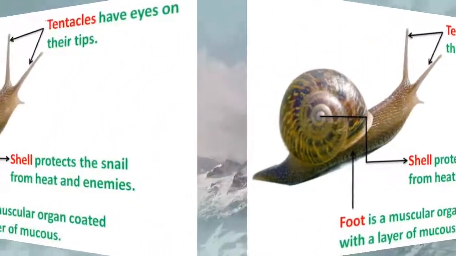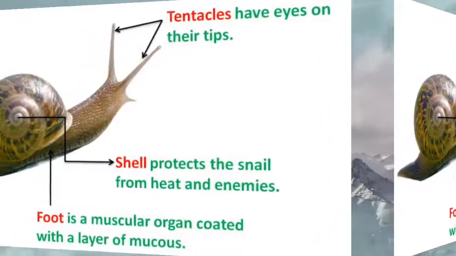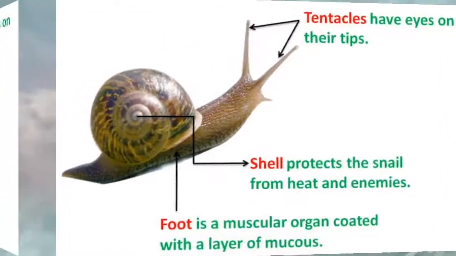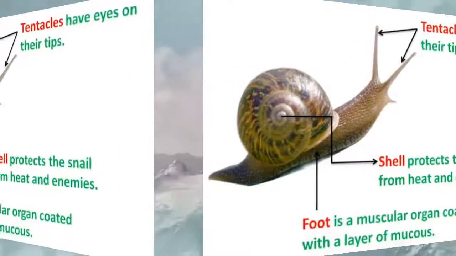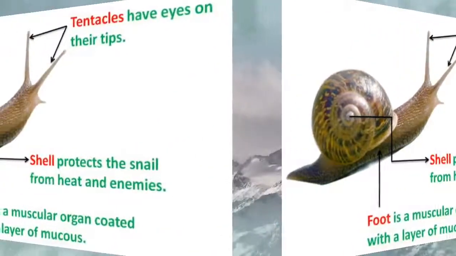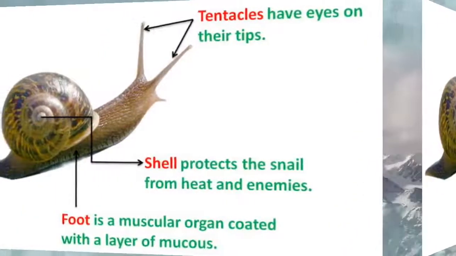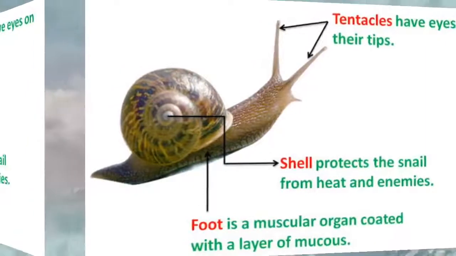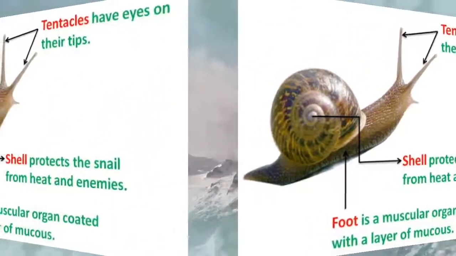Snail moves by using a muscular organ called the foot. The foot produces a slimy substance that is called mucus. The snail actually crawls on the layer of mucus. वो उसी के ऊपर चलता रहता है.